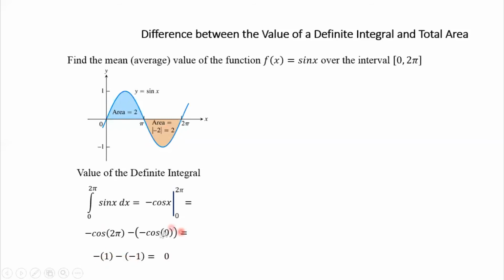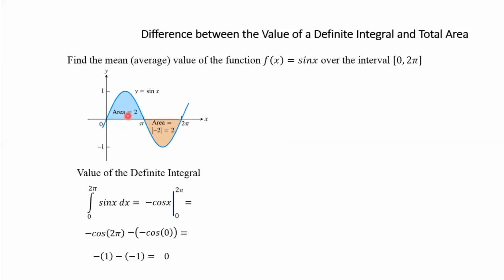Now, the negative value in the definite integral means that the area is below the x-axis. So it doesn't mean there's a negative area. This only means that the area of the region is located below the x-axis. Okay, so that's the value of the definite integral.